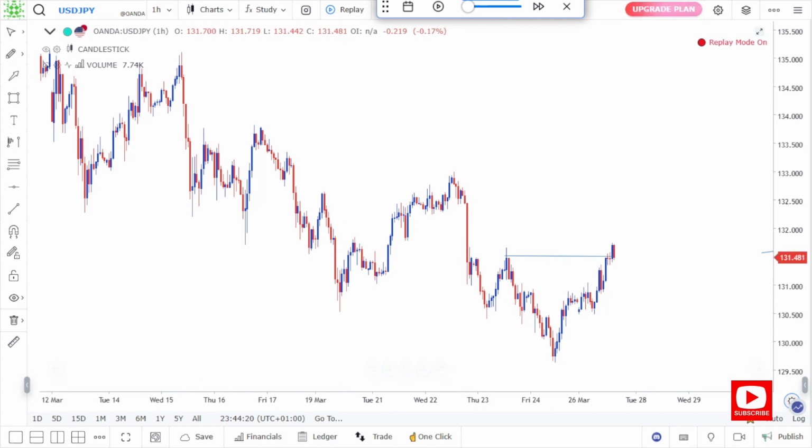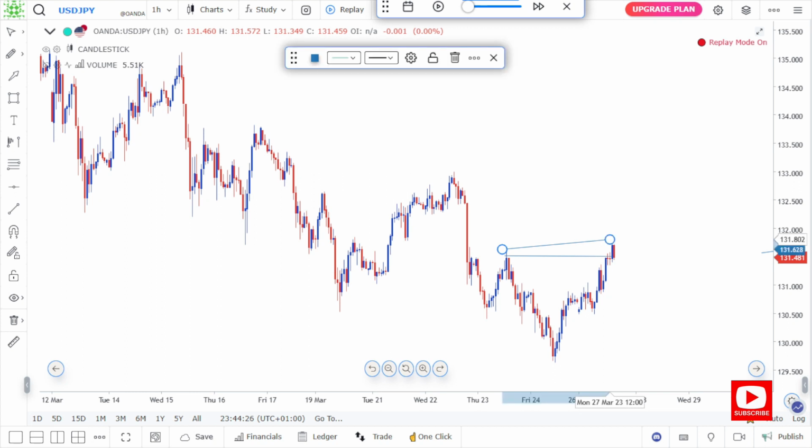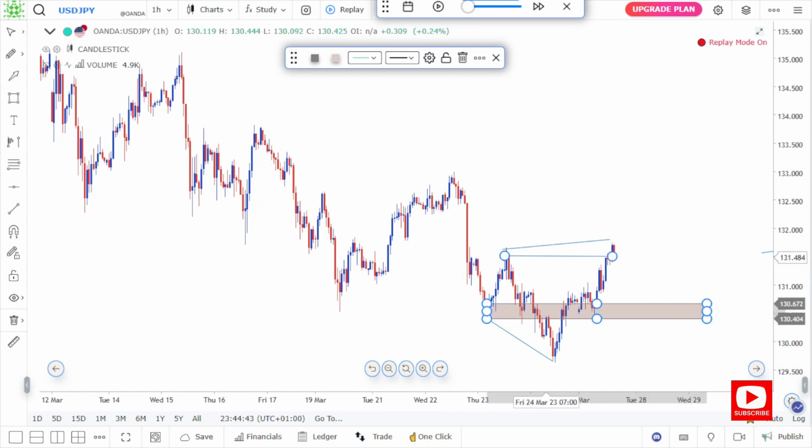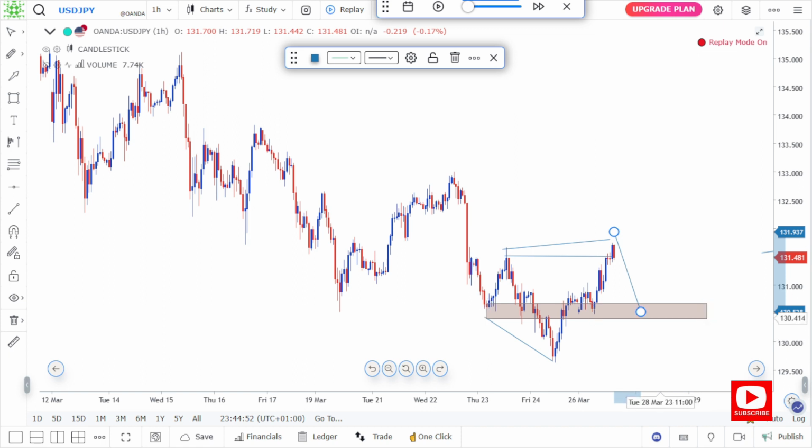Now price has broken. We have ourselves our higher high and a lower low. Our point of interest is going to be the left hand peak. So we expect price to make a retracement towards this zone and bounce up towards maybe this zone.